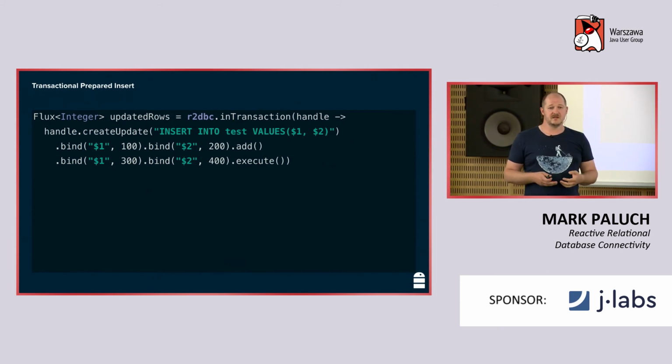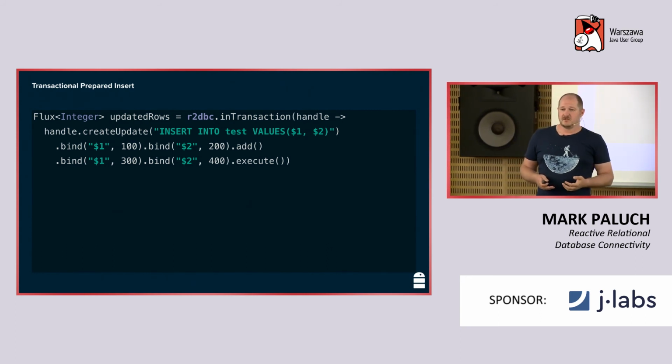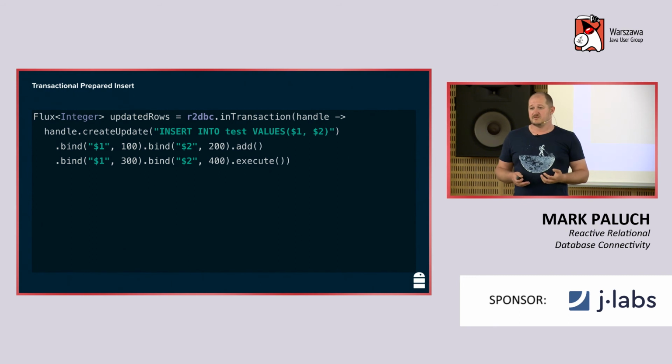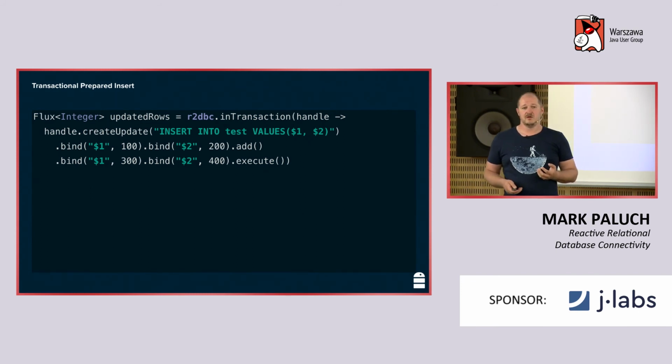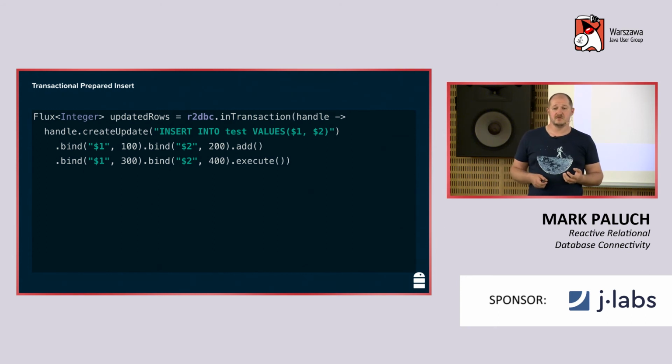So I not only get that connection management, but I also get transaction management, just by calling a different method, and then I'm able to run multiple statements within an atomic transaction. And I think this is how a client should look and feel, instead of going directly onto the bare metal R2DBC SPI.